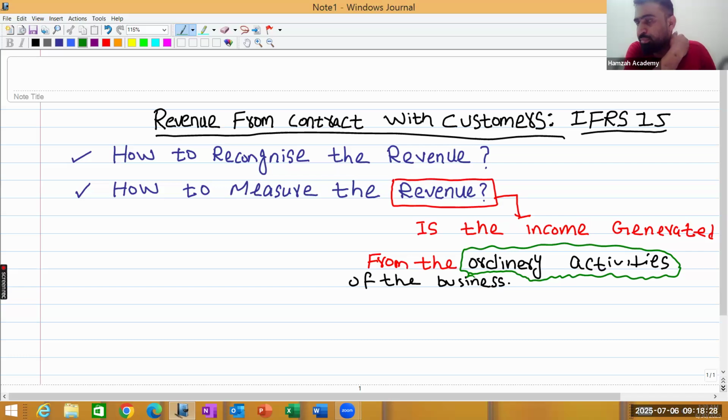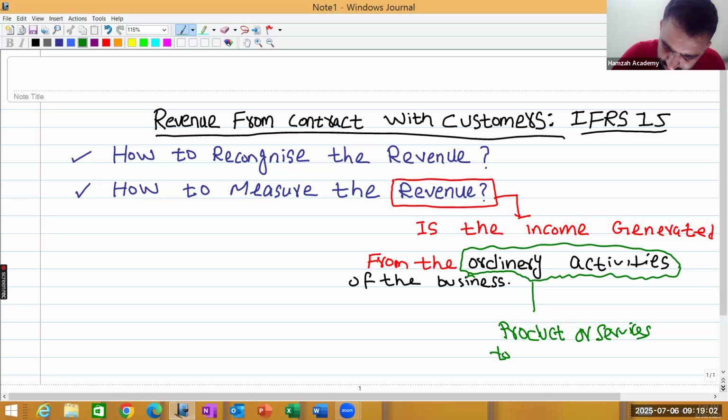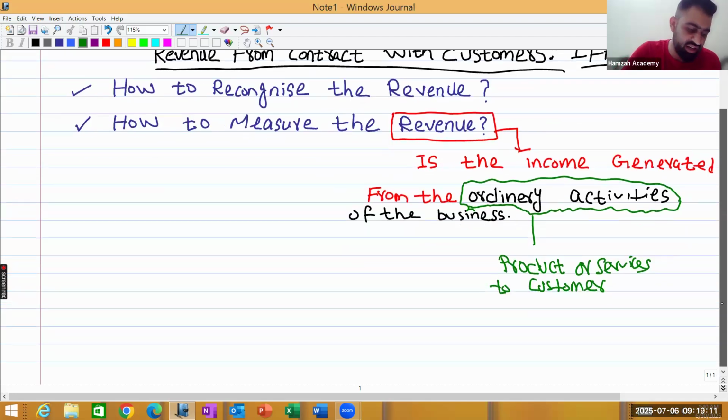Like for Apple Incorporation, their ordinary activity is to sell iPhones and MacBooks. So the gross income they generate by selling their products or services to customers would be known as revenue.